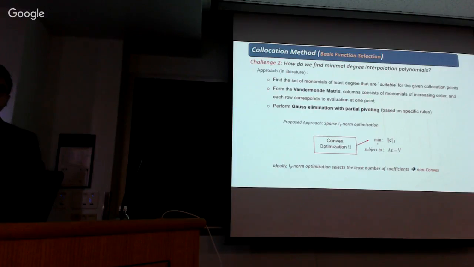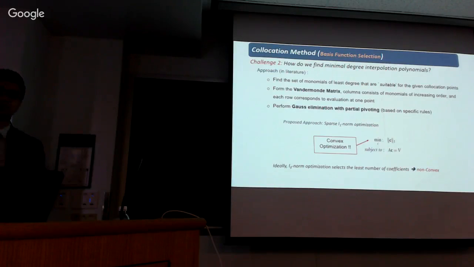Here, we're using optimization for the unknown coefficients, one-norm optimization. Ideally, we should use the zero-norm optimization, but the zero norm is not convex, and we can't do that. So the closest norm to the zero norm is the one norm. So I will use the one-norm optimization, subject to the constraint of the system of linear equations that I have shown you.